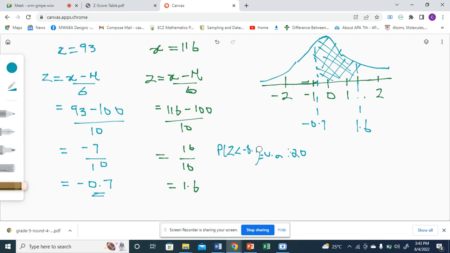Let me just put it in an orderly manner. Negative 0.7 would be 0.2420.